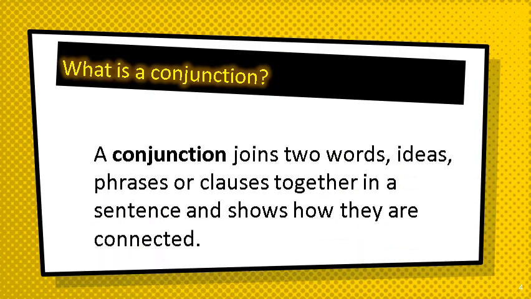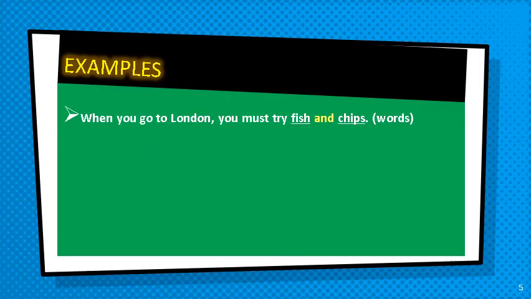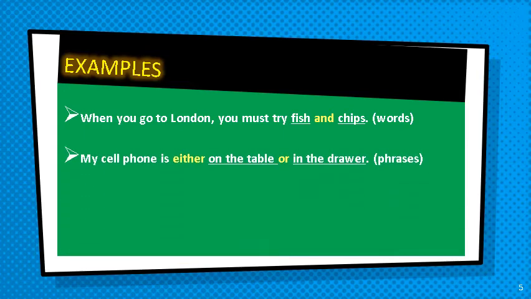What is a conjunction? A conjunction joins two words, ideas, phrases, or clauses together in a sentence and shows how they are connected. Now look at these examples. When you go to London, you must try fish and chips. Here, the conjunction and is connecting fish and chips.